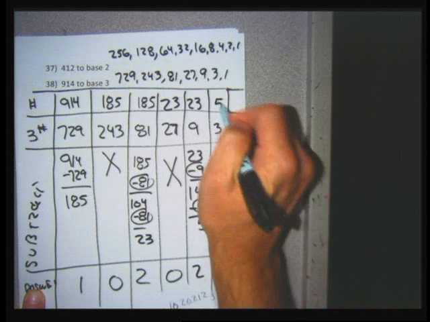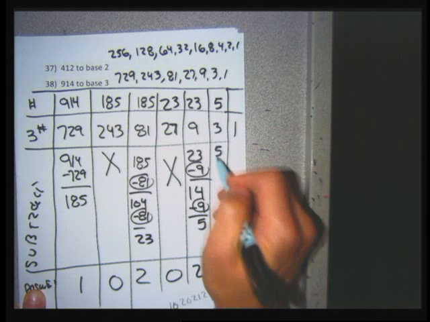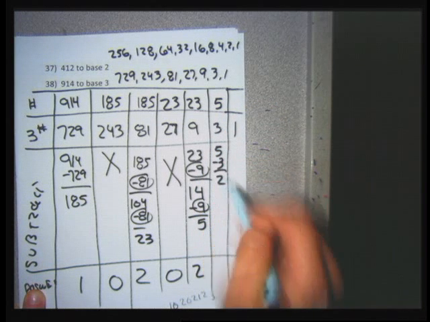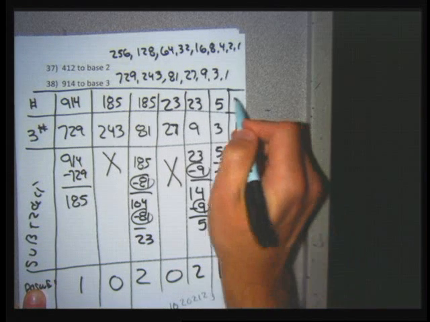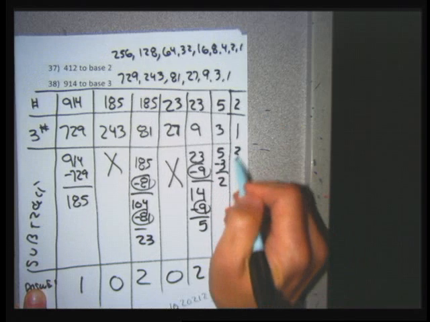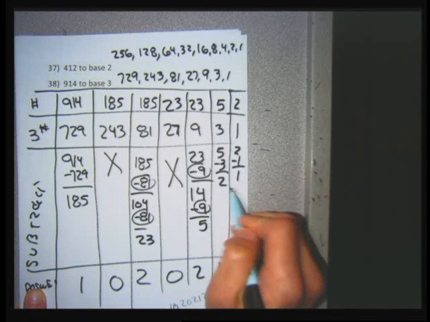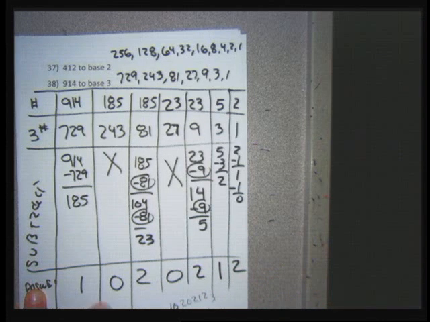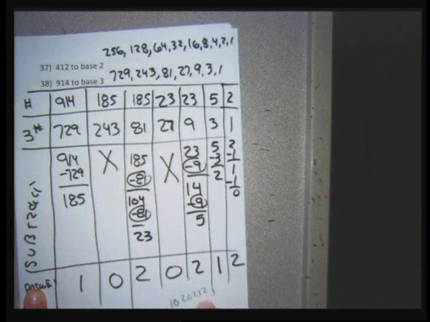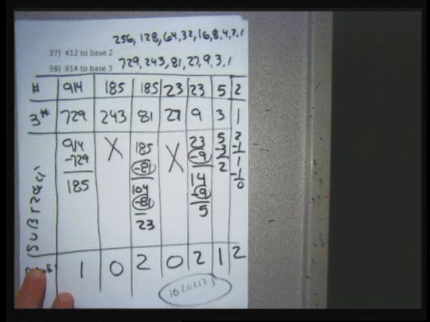Bring my 5 up. 5 minus 3 is 2. Can't subtract again. 1 subtraction on the bottom. Bring my 2 over. 2 minus 1 is 1. 1 minus 1 is 0. Was able to do it 2 times, so I get 1, 0, 2, 0, 2, 1, 2, base 3.